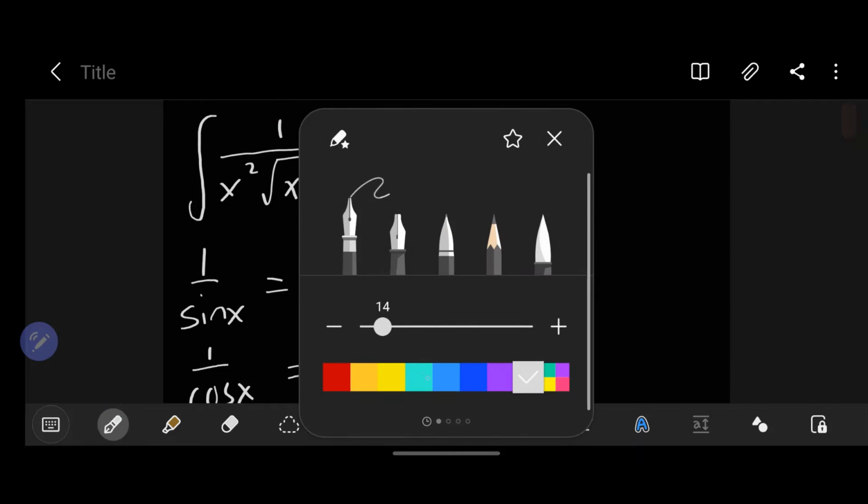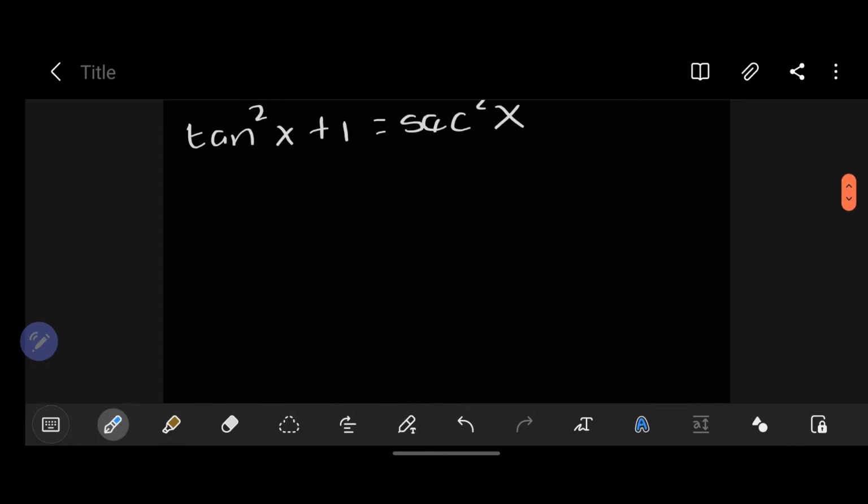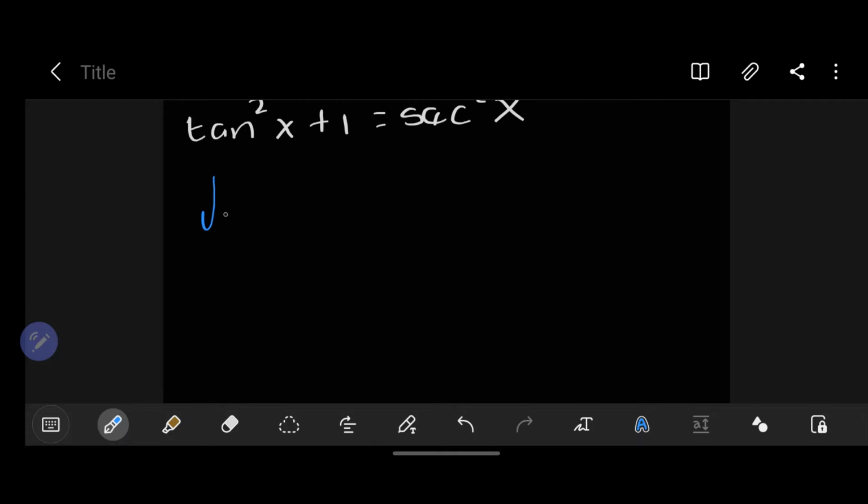Usually you just need to know these three, which is if you have x squared plus a squared, then you're going to substitute x with a tan theta.